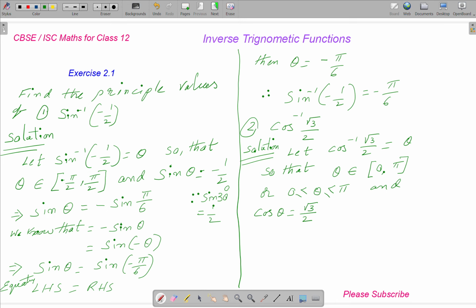That implies cos theta is equal to cos pi by 6, since cos 30 degrees is root 3 by 2.